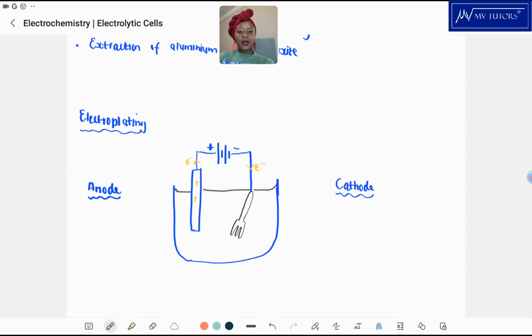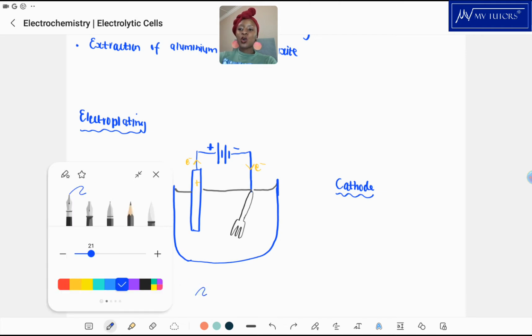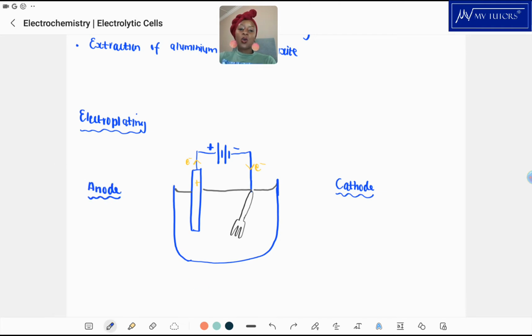At the anode, we actually have the pure silver. Whatever you place at the anode is what you want to coat. Do you want to coat silver or gold onto an object, either a ring or a spoon, or toys for kids like swords and cars that you want to electroplate?